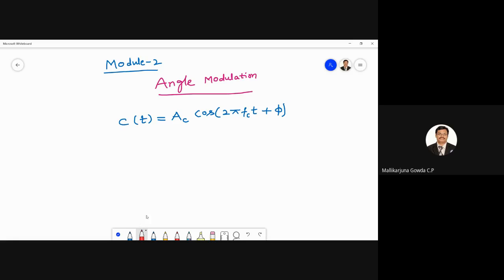In this, Ac is the amplitude, fc is the frequency, and phi is the phase.